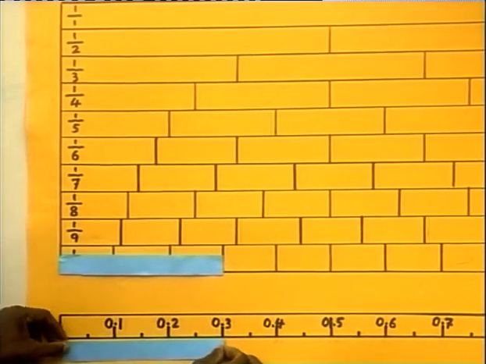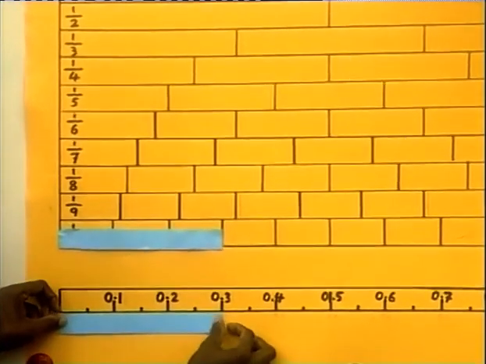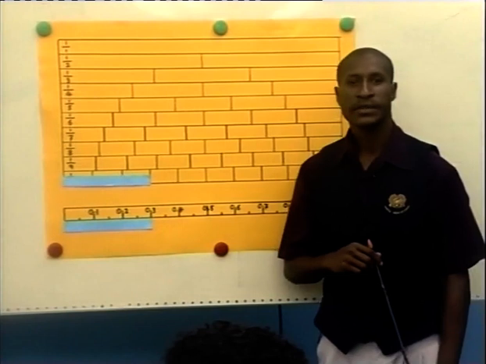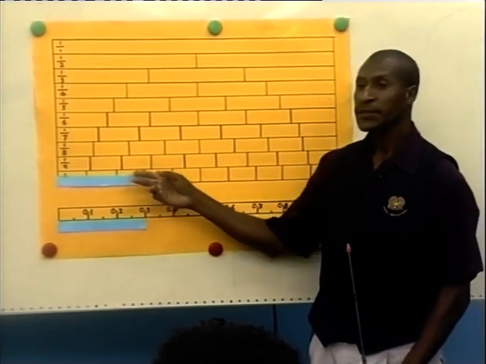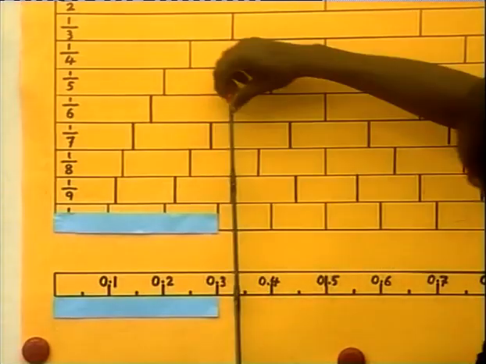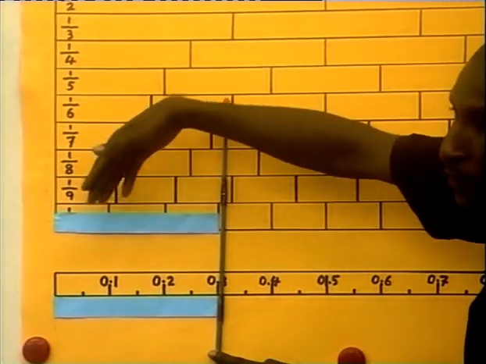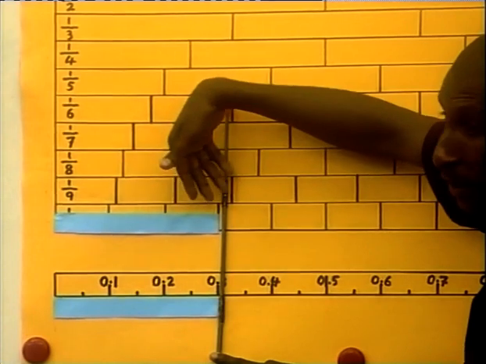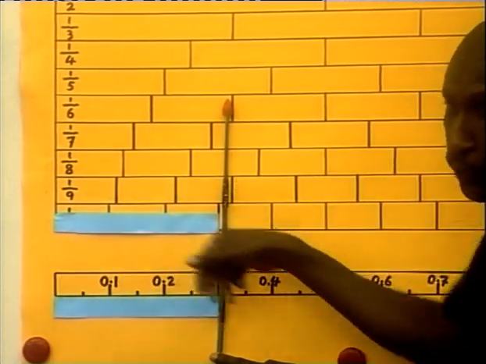And that is 3/10. Now, receiving students and ATs, is 3/10 the same as 0.3? Yes. The size of the 3/10 fraction is the same as 0.3.